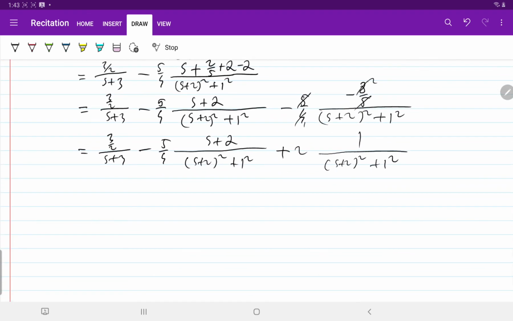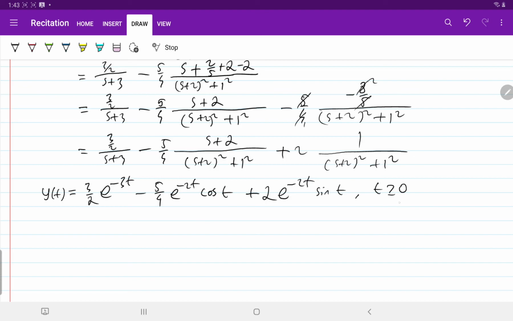Okay, so from here you can directly use the Laplace inverse table, and you get 3 over 2 e to the power minus 3t, minus 5 over 4 e to the power minus 2t times cosine t, and plus 2 e to the power minus 2t sine t, for t greater than or equal to 0.